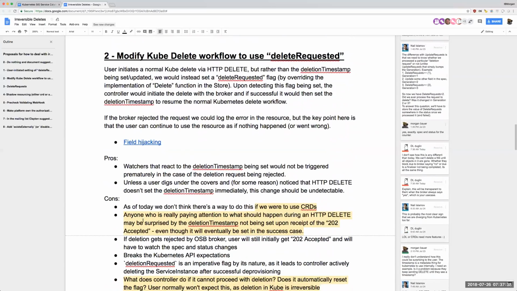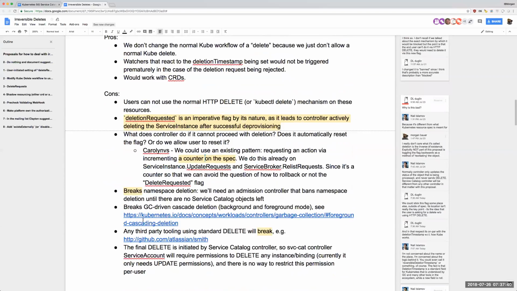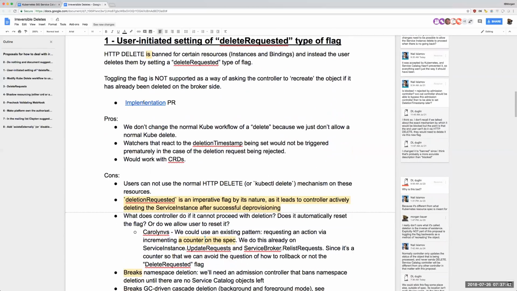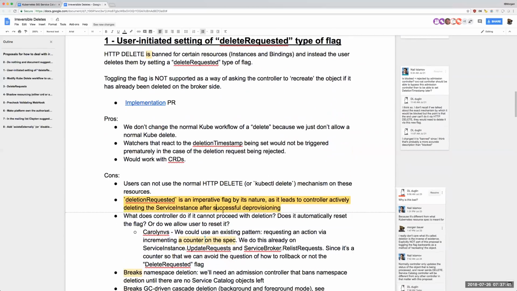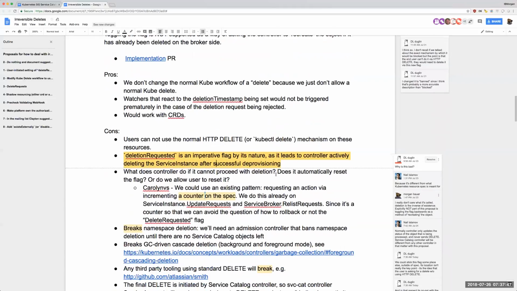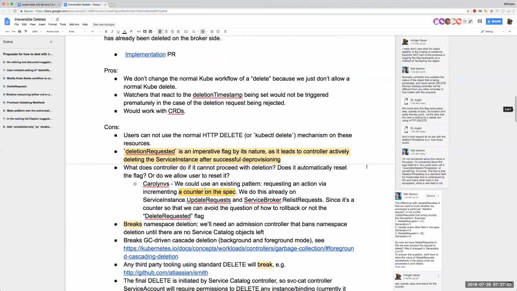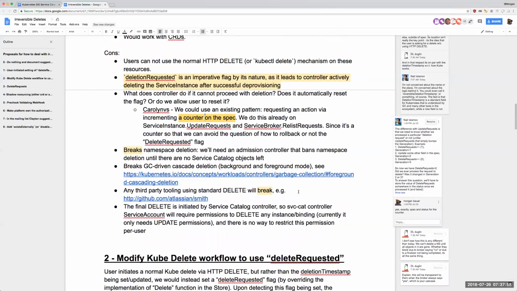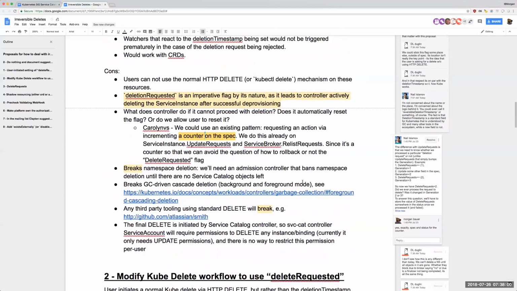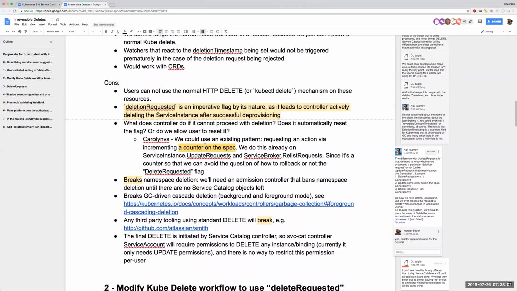It was for the first option, because there were questions about delete requested and the fact that it was a Boolean flag, and naturally that brought up the question of rolling back the Boolean flag. I was just curious, changing it from a bool to a counter regardless of the name. It sounds like that doesn't work, and I would just really appreciate understanding why, so that I don't keep wondering.